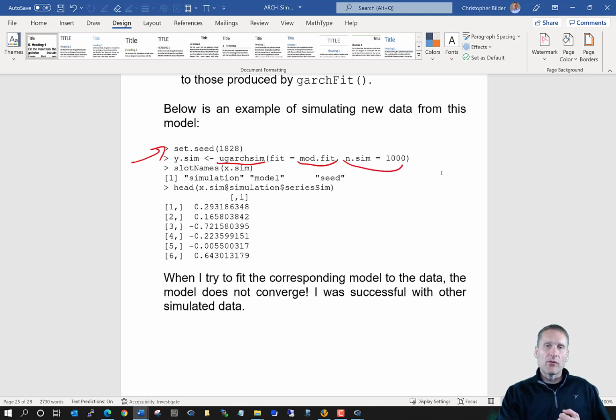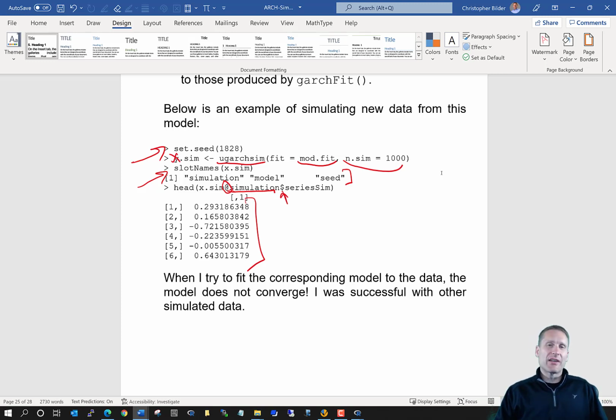It returns an S4 object. And so if I say slotNames, I get information about what's returned to me. And to actually see the simulated series itself, I can pull out of the data that I simulated, and that actually should have been x there, excuse me. I can pull out the information about the data that was simulated by saying simulation, and notice how it's actually combining both S version 3 and S version 4 type of object, which is not good. But anyway, there's where the simulated data is.